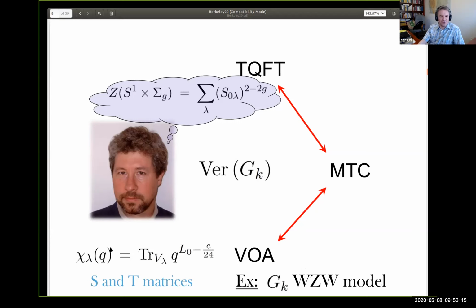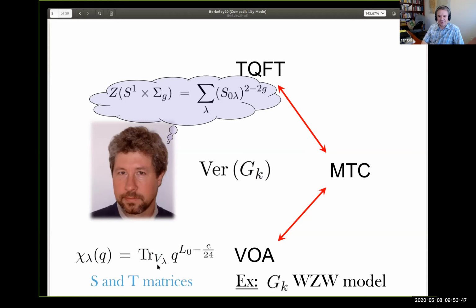Namely, in the world of vertex algebra, you can consider, so a VOA is an infinite dimensional algebra. It's huge. It's by itself an interesting subject and sometimes is not easy to study. But again, you can attach to it some concrete numerical data. For example, you can take various modules, representations, V lambda, say with highest weight lambda, and consider characters.